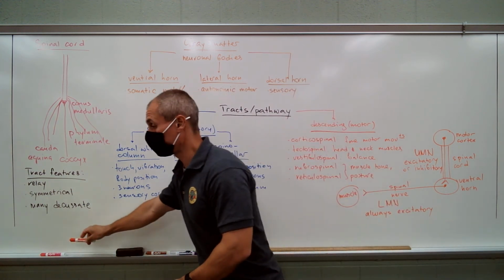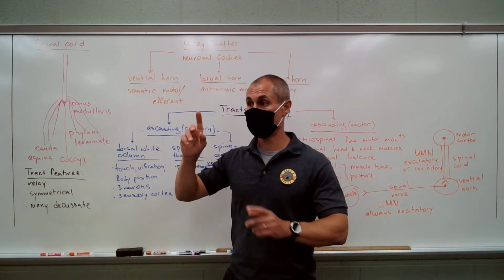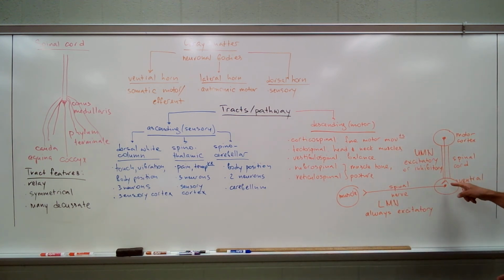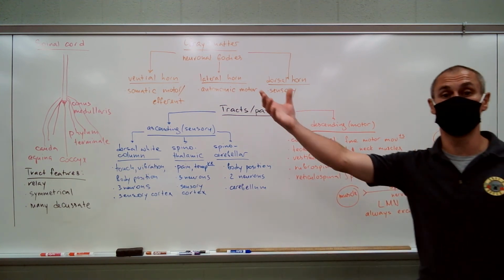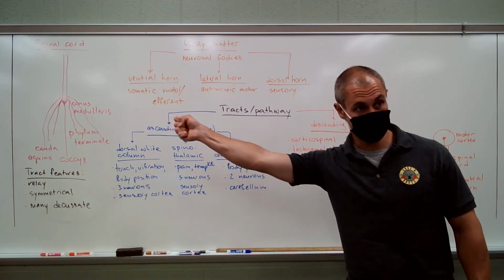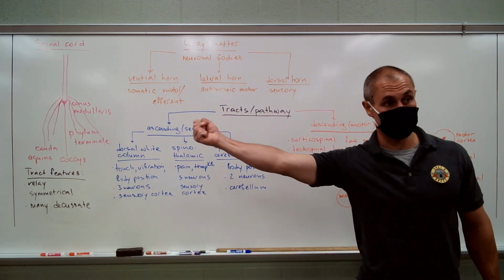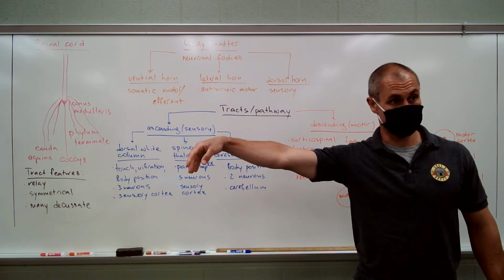Does that make sense? Which means, if the upper motor neuron that sends the signal to the lower is excitatory, you're going to contract your muscles. If it is inhibitory, you're going to relax your muscles.